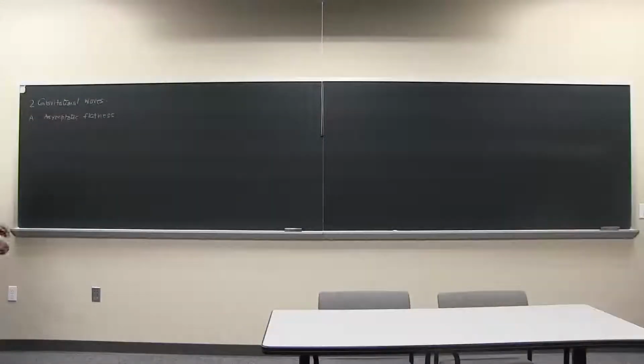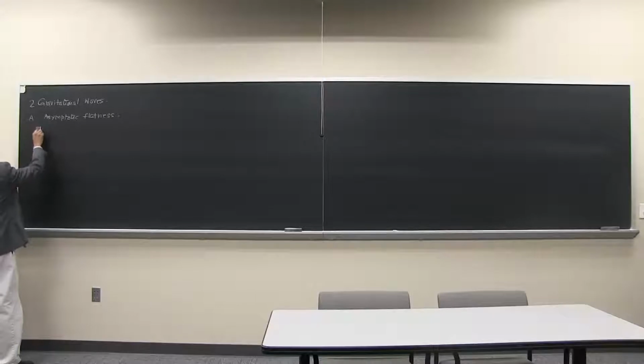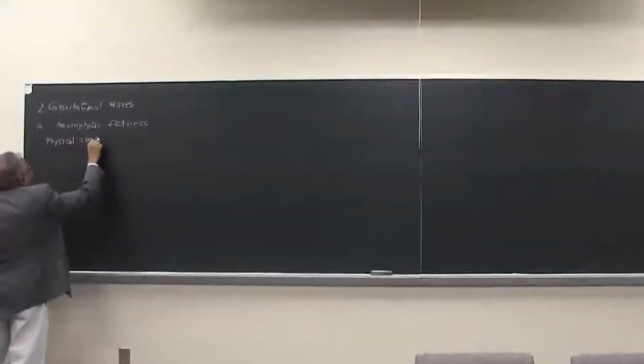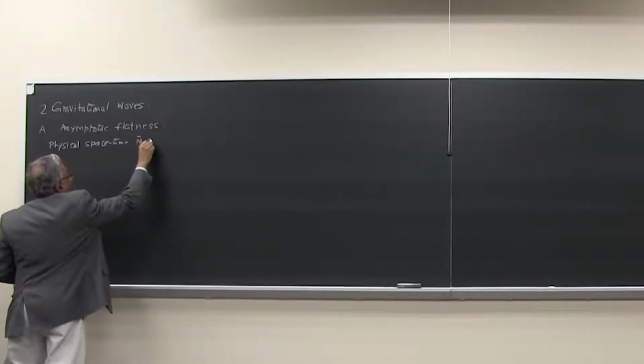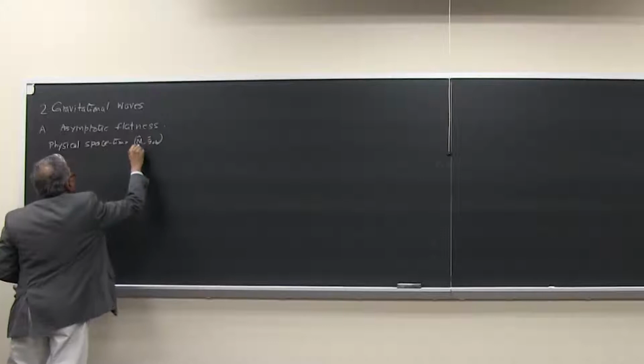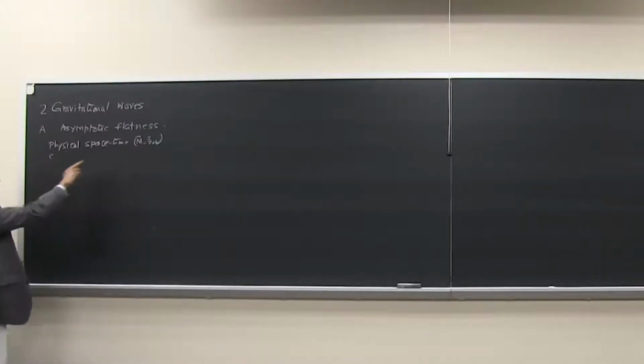We began with the notion of asymptotic flatness last time, and the idea here was that we got the physical space-time. And so we changed the notation.